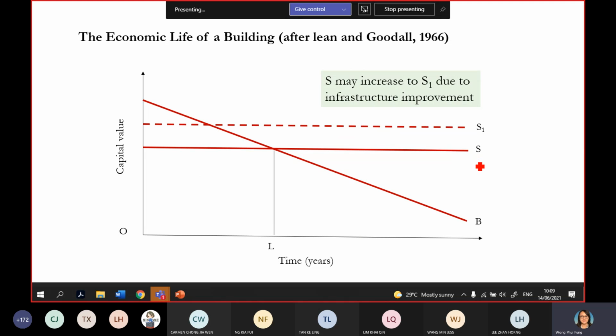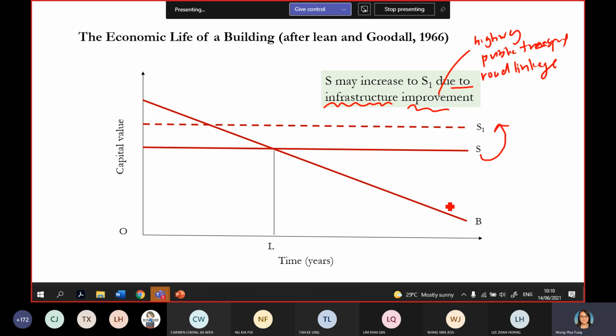And there is a scenario whereby S will increase to X1 due to infrastructure improvement. This one is very, very important. You have to remember that infrastructure improvement means improvement in terms of infrastructure, highway, public transport, road linkage.